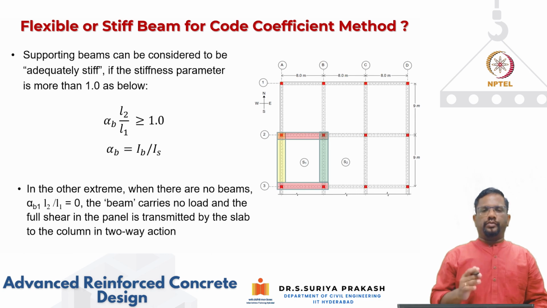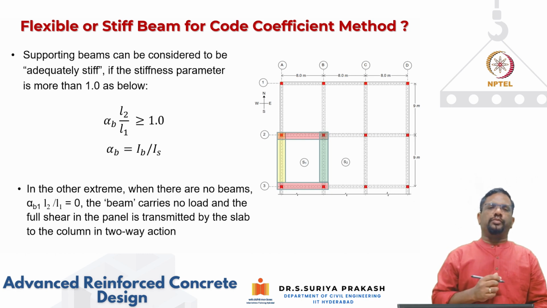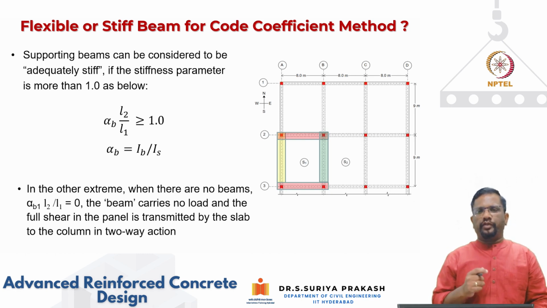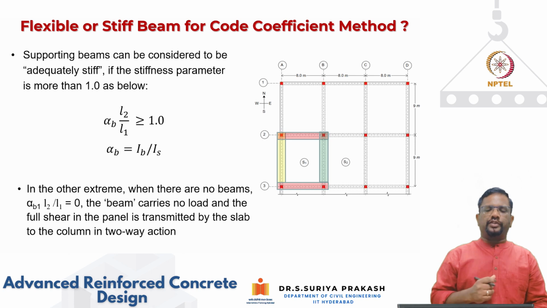In the last part of the module, we discussed that the code coefficient method can be used only if the slabs are resting on very stiff beams or walls. Now, when do you really say that the beams supporting the slab panel are quite stiff?